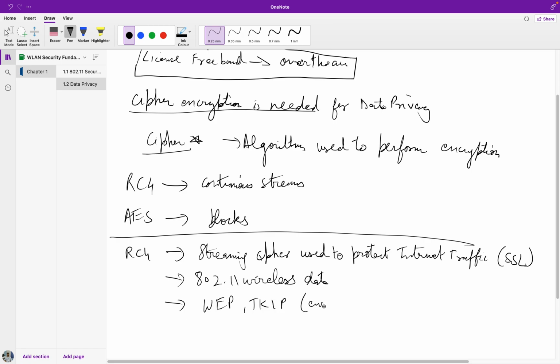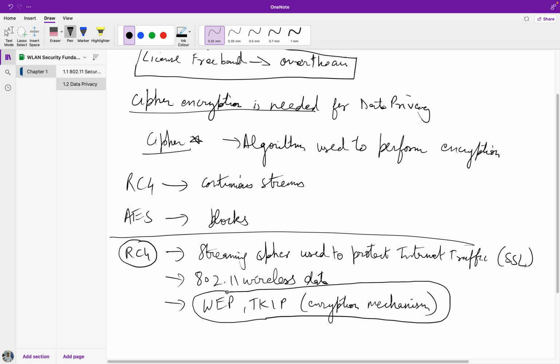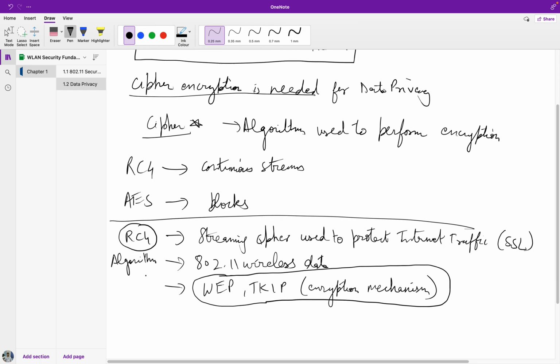These are encryption mechanisms. This is the cipher algorithm, and this is the encryption mechanism in which RC4 is used. So do not confuse these two things. The encryption mechanisms are called TKIP and WEP. The algorithm used for that is called RC4. RC4 is the algorithm, so that makes more sense. Now we will discuss both of these later in the videos.